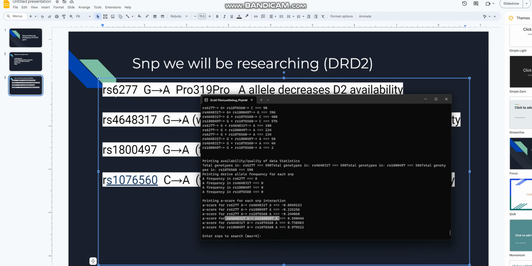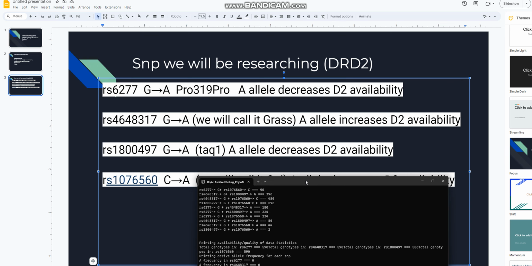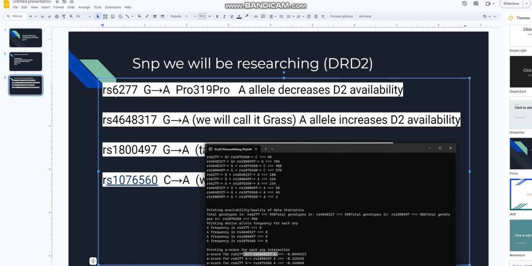Now, the derived allele in Pro-Frenetin Pro seems to have a negative correlation with every other derived allele. For example, it has a negative correlation with A in GRAS. Having the derived allele in Pro-Frenetin Pro will usually go together with the G allele in GRAS, or at least statistically it's more likely to.